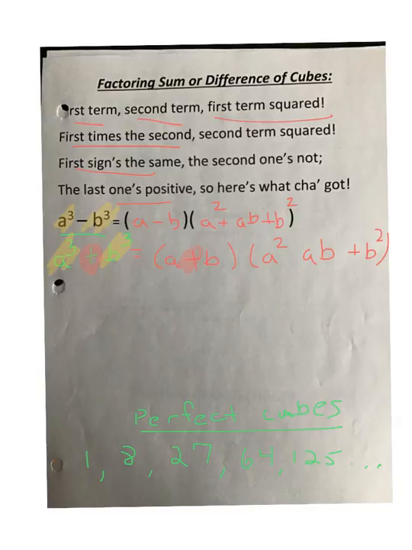This sign is going to be the opposite. So if this was plus, this needs to be minus. And that is your pattern. So on the next slide, we're going to take a look at all the different examples and put this rule to use. So write this rule down in your notebooks so that way you can revisit it later.